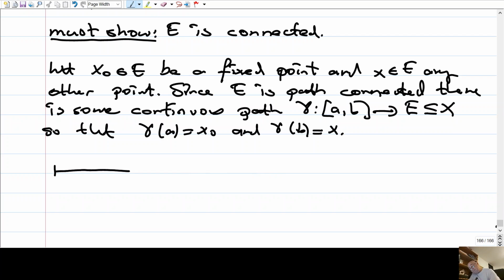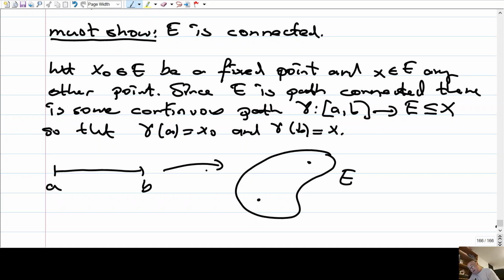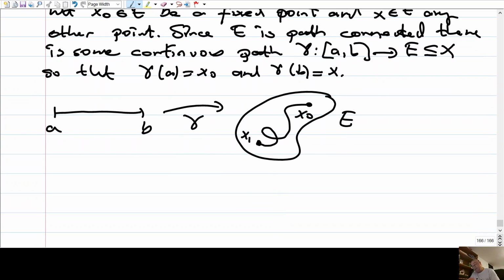Here is my interval AB and my subset E. And here is my continuous function. So this is x0 and this is x1. So there is a path joining this point to this point, and its image lies completely inside E. Well, if this is the case, then we know what?